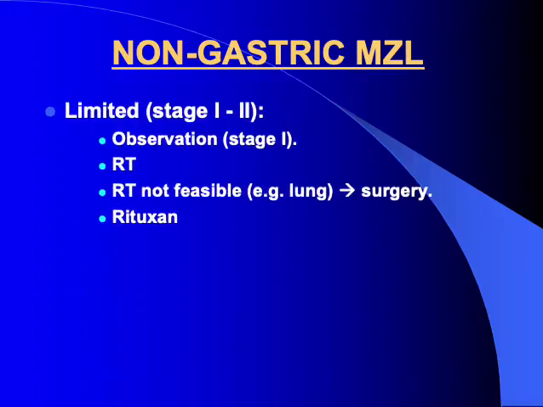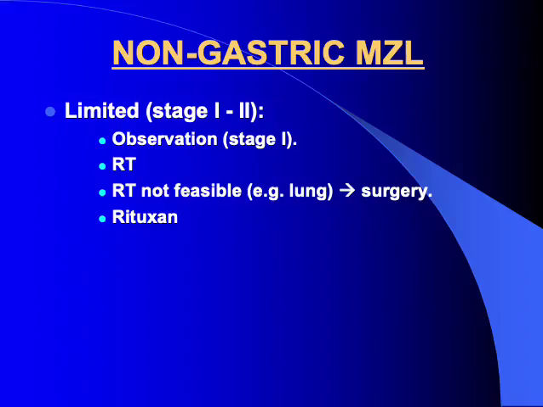Non-gastric marginal zone lymphoma, like skin or thyroid, if it is limited stage 1 or 2, not causing symptoms or trouble, may observe those patients, especially stage 1 disease. Otherwise, radiation therapy is a treatment of choice. If you try to avoid radiation, such as radiation of the lung that may lead to pneumonitis, then you may do surgery.